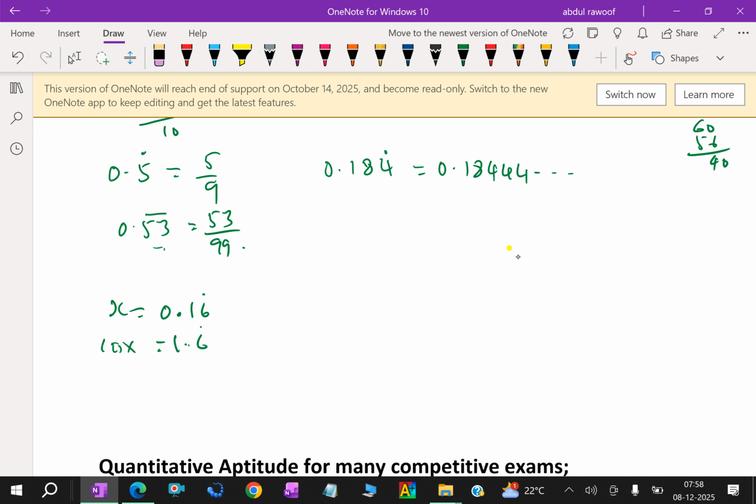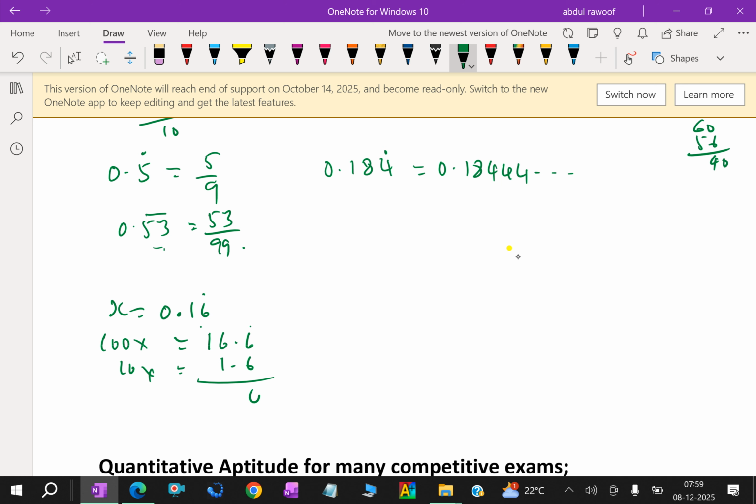Here 100x equals 16.6 recurring, then 10x equals 1.6 recurring. That means the recurring points are matching here.